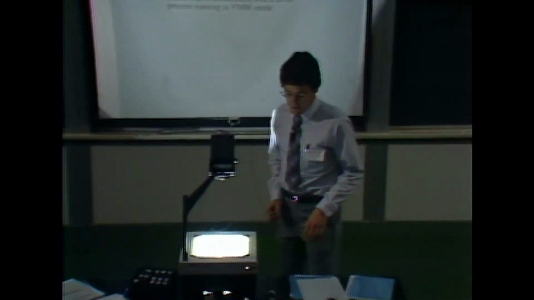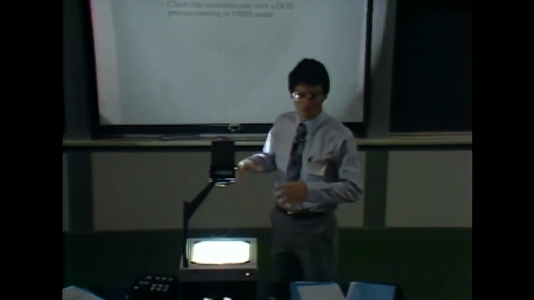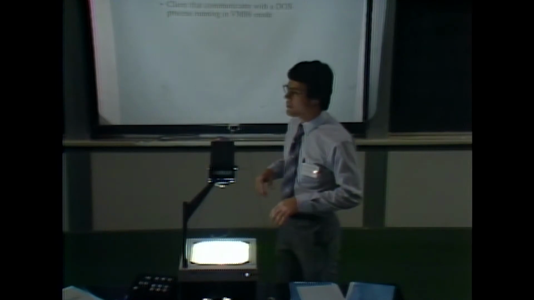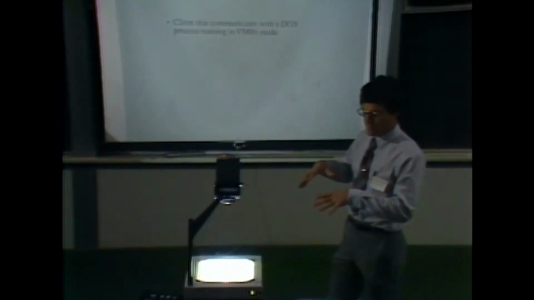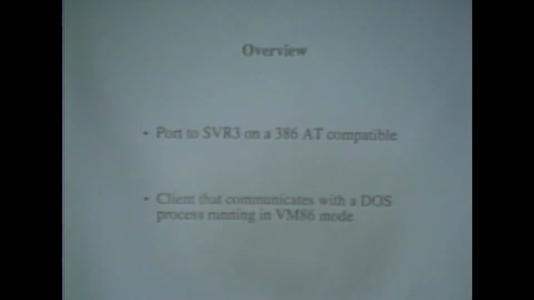You'll hear a little bit more about that later on. So there were very independent efforts: the port itself to the System V Release 3 kernel, and the development of a client process that interacts with the VM86 task to allow it to be displayed and to provide keyboard input to the DOS task.